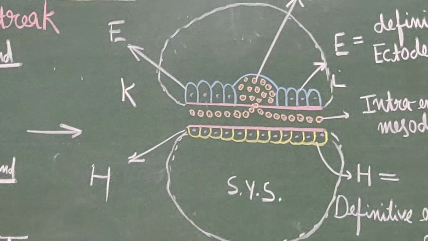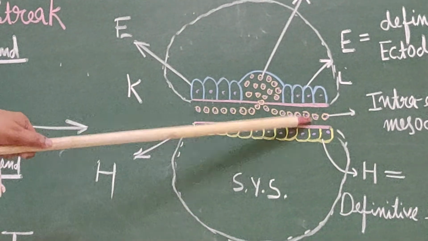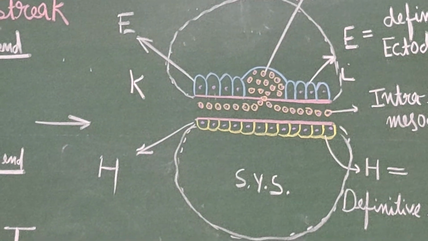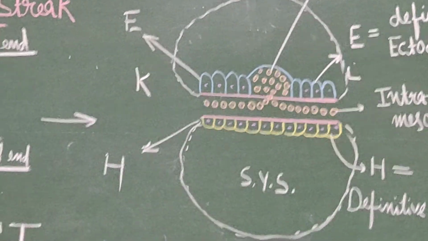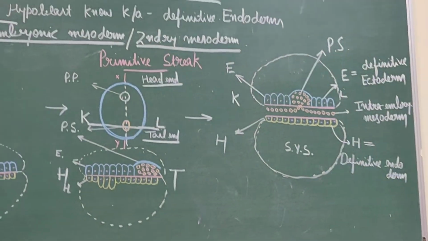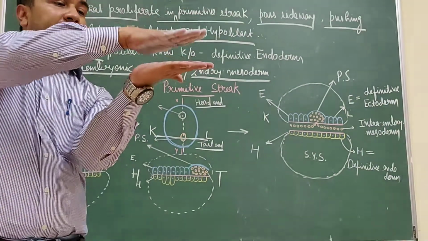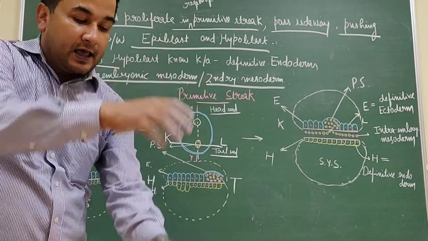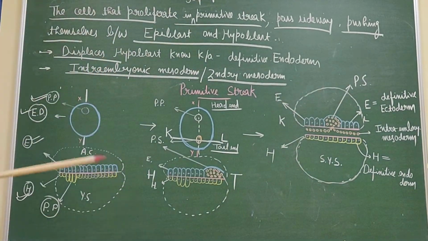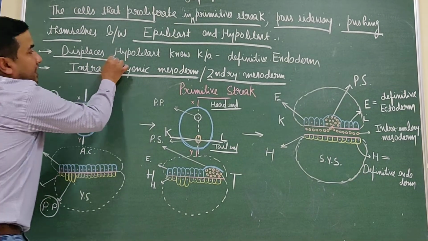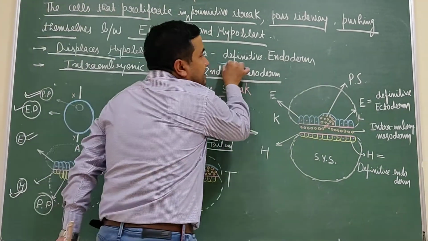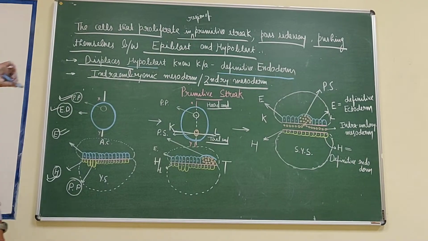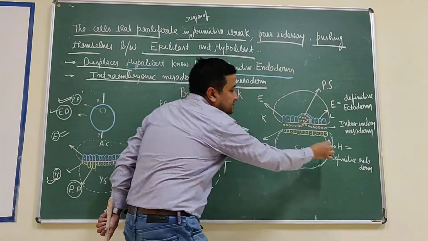And as a result, it passes between the two layers, that is the epiblast and the hypoblast. The hypoblast layer is displaced. These two layers now separate, and this displaced hypoblast, now known as the definitive endoderm, becomes the endoderm layer.